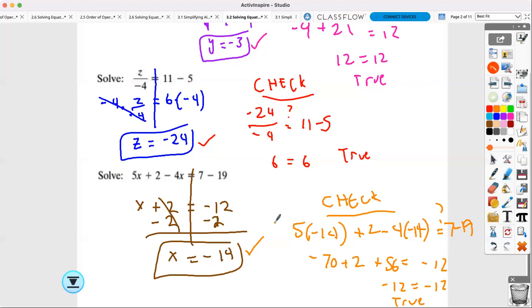Is it impossible though? No, it is not. We just have to understand basic algebraic properties and steps. What questions do we have from this slide? Does anyone need an extra minute or two to copy these things down?